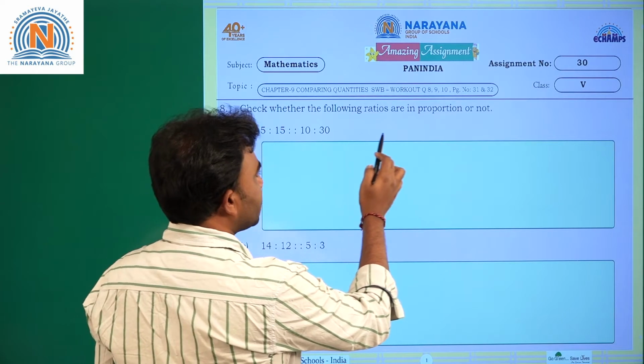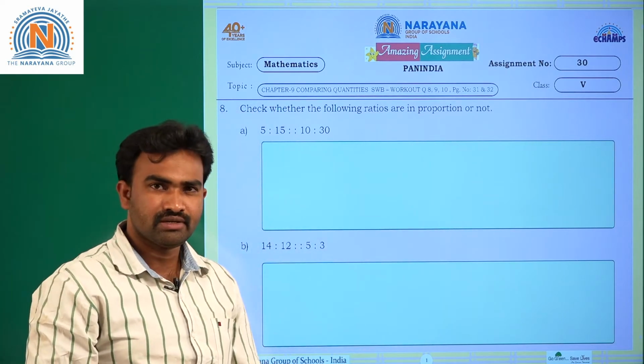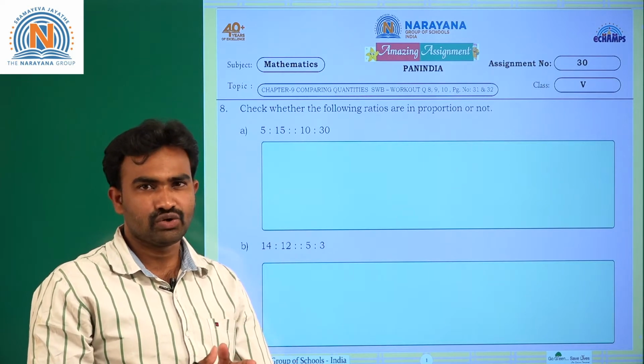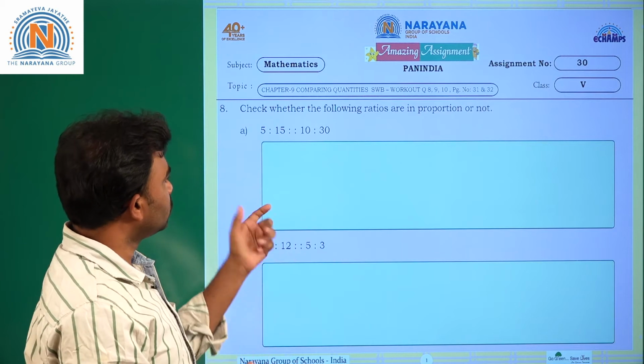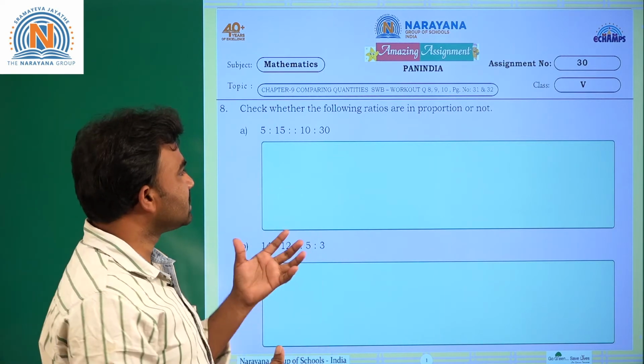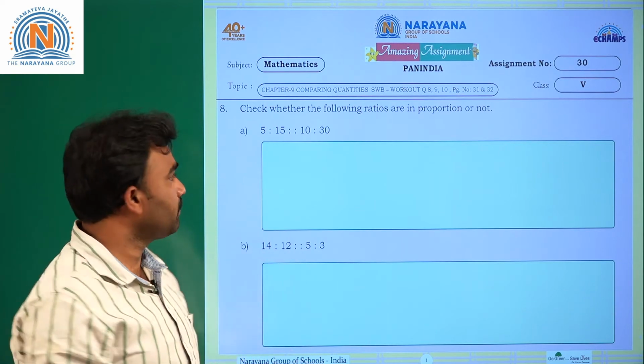Check whether the following ratios are in proportion or not. What is meant by proportion? Proportion is nothing but the equality of two ratios. So, if these two ratios are equal, then we can say that the given ratios are in proportion.